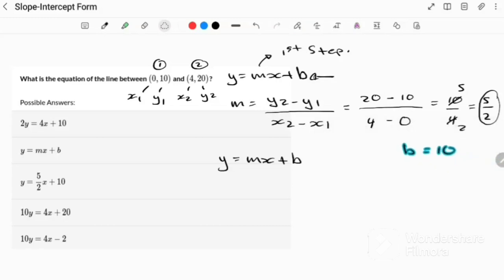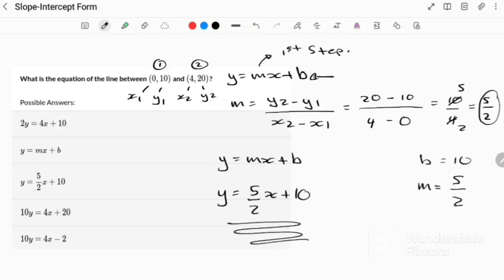So we have m is equal to 5 over 2, and we have b is equal to 10. So our equation is going to be in the form of y is equal to 5 over 2x plus 10. This is the answer. So the correct answer is this option right here.